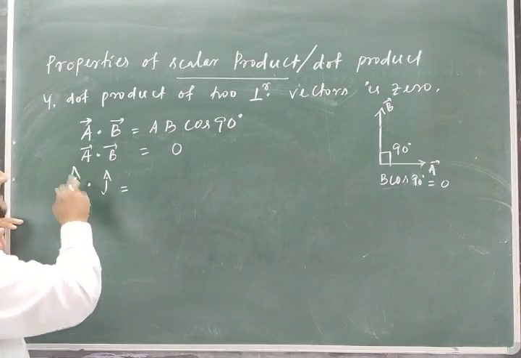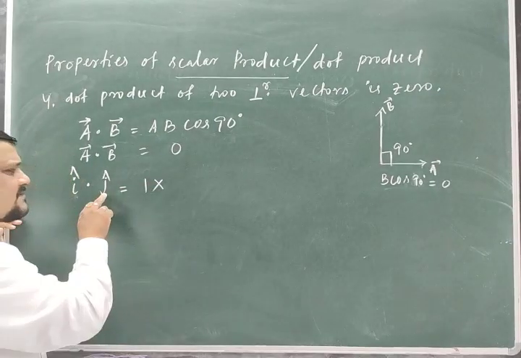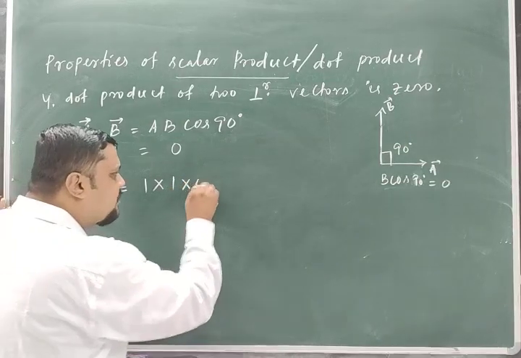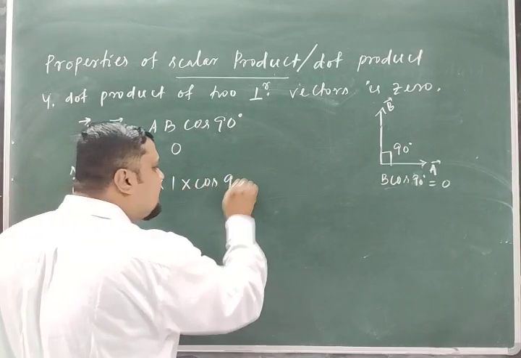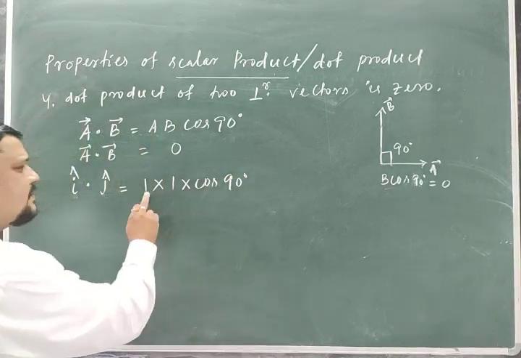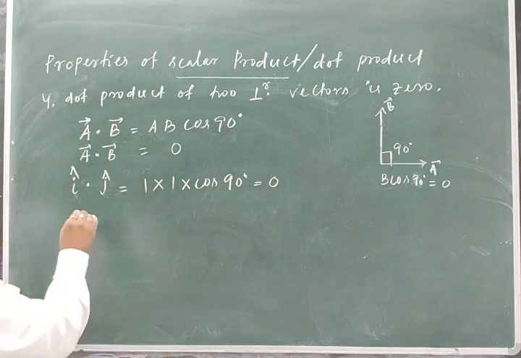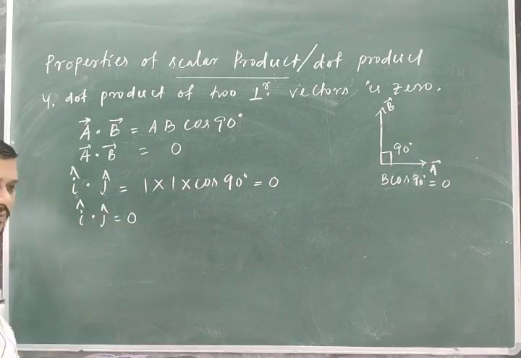What is the magnitude of i cap? 1. Multiplied with the magnitude of j cap, 1. They are unit vectors. That multiplied with cosine of the angle between i and j, which is 90. So 1 into 1, 1, cos 90, 0. So the result is 0. I can say that i cap dot j cap is equal to 0.